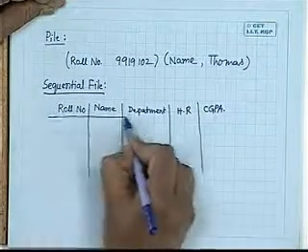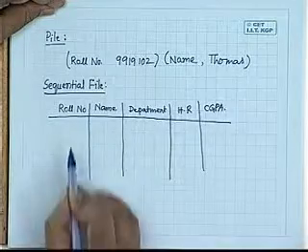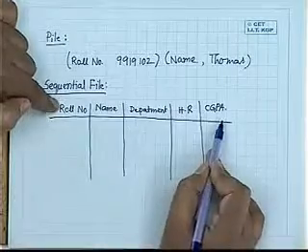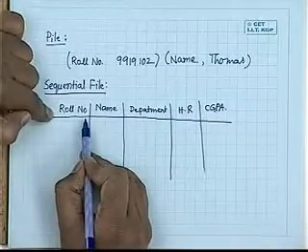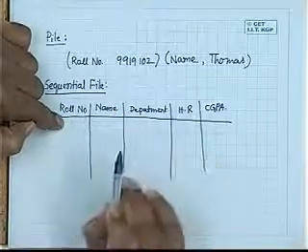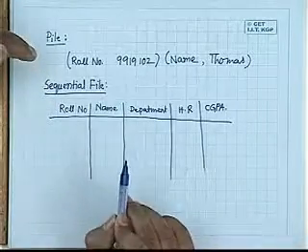Okay. So all the records in this file will have these many fields. For every field, the length of the field is specific, and the relative location of the fields is also specific.